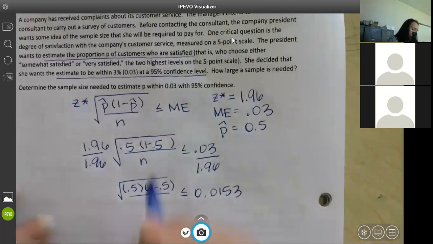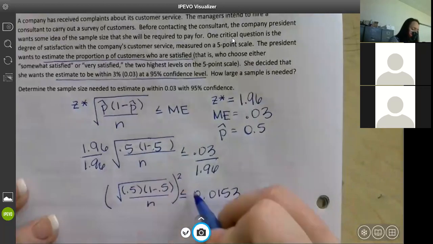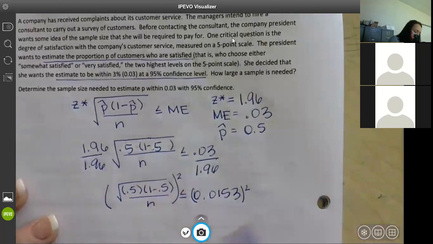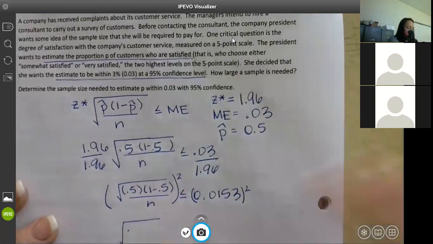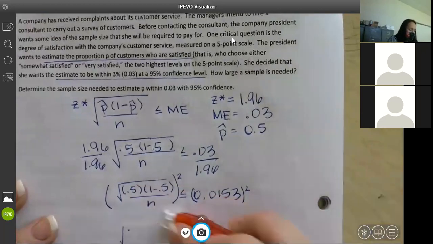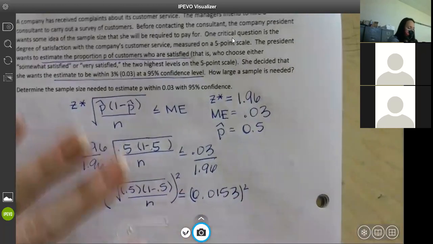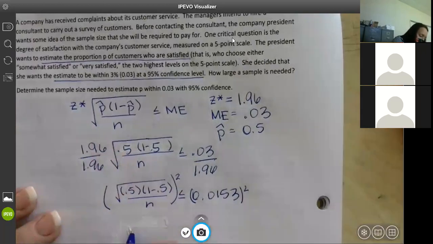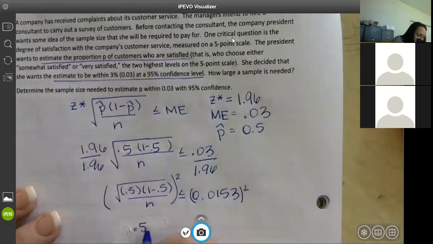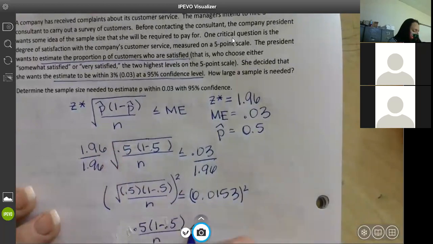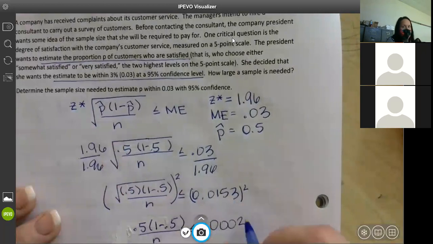Yep. Basic algebra. I told you guys, basic algebra. Oh, sorry. Ignore the fact that I put that. Struggling today. So now you have 0.5 times 1 minus 0.5 over n is less than or equal to 0.000234.